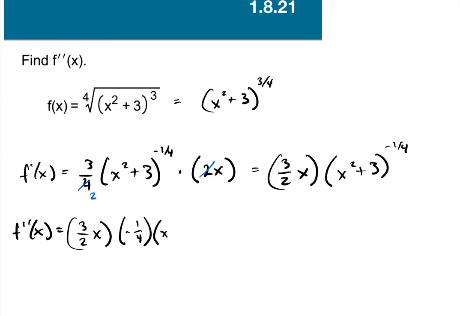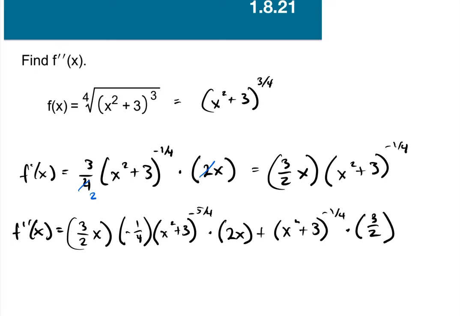The x squared plus 3 persists. Now the exponent is a negative 5 by 4. And then we have to say times the derivative of the inside function, which is just going to be 2x. So that's the first times the derivative of the second, plus the second times the derivative of the first, which is just a 3/2.